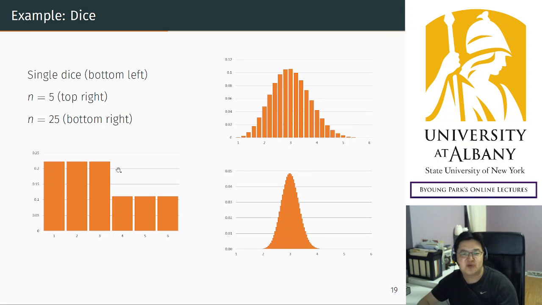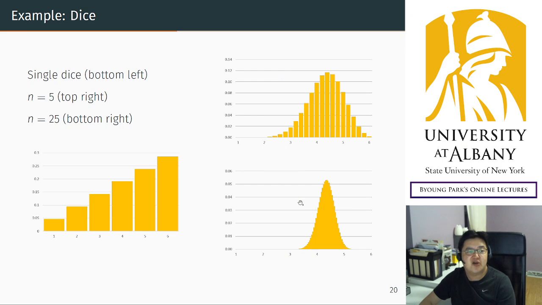Excel does the experiment for me, and when you throw 25 of them, when the sample size becomes 25, it looks like this, which also has a similar pattern, right? So what I want you to see here is the distribution for a single outcome does not matter. No matter what the distribution of a single outcome is, in the end it looks like this.